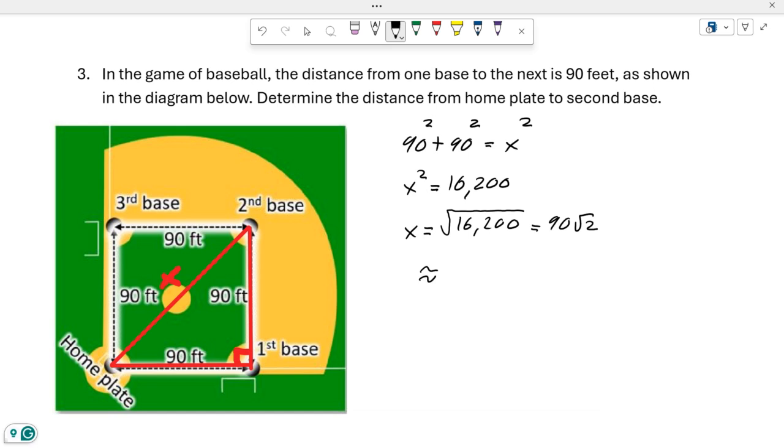So the square root of 16,200 is approximately 127.3 feet. It doesn't say what to round to, so we just decided to round to the nearest tenth. And it's approximately 127.3 feet. So there you go.